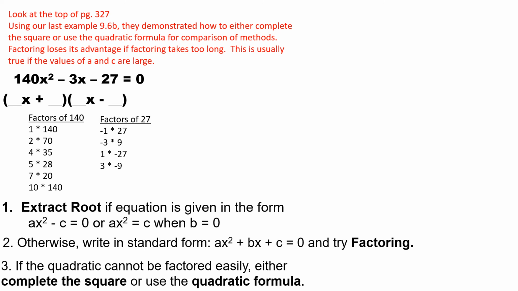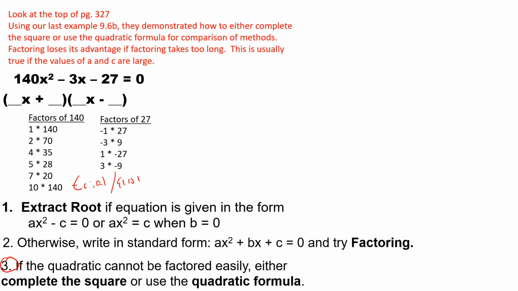And so this is trial and error. This would take a long time to figure out, right? We're doing that trial and error, right? So at this point, I would use complete the square or the quadratic formula. So that's one advantage.